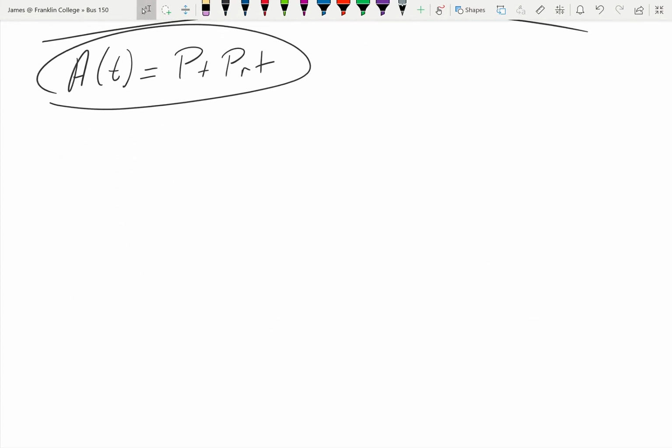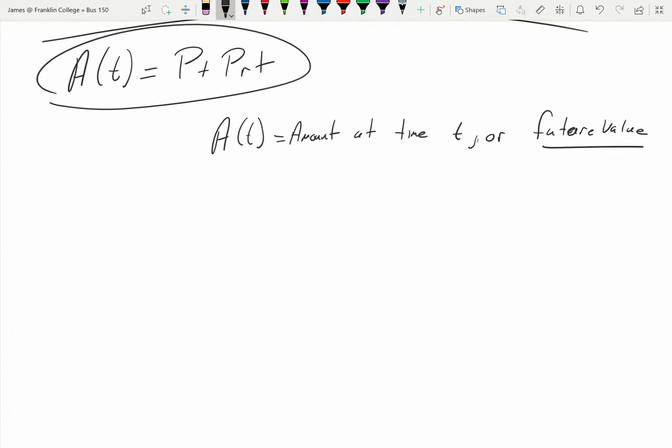Alright. And then a lot of times we consider A of T, sometimes we call this the amount at time T, or we might call this the future value. The term that we're going to be using in this class a lot going forward.